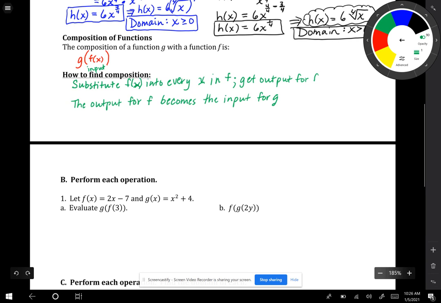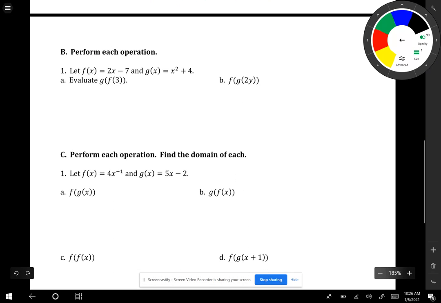And if you're thinking, what in the world, how am I ever going to remember this? Examples, practice. So if you look on the back page of your notes, we are going to do an example. I will try and make this as hopefully painless as possible. So f of x is 2x minus 7. G of x is x squared plus 4.